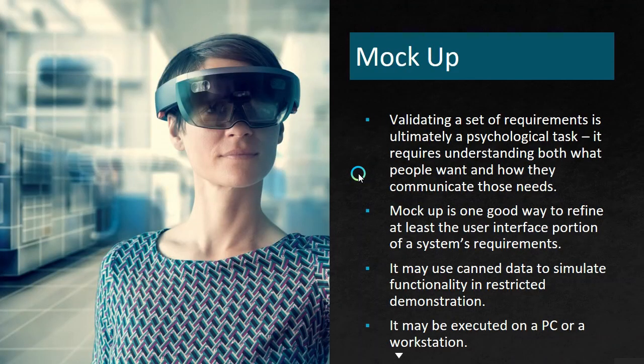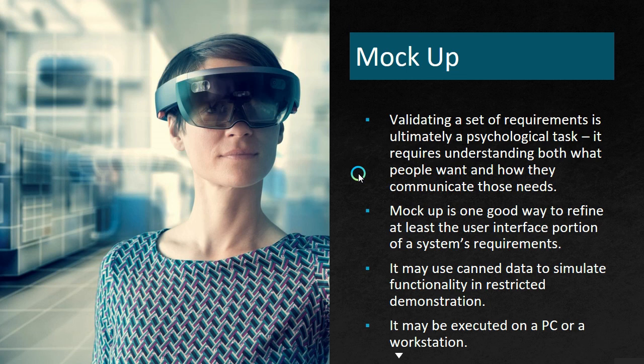Mock-up. Validating a set of requirements is ultimately a psychological task. It requires understanding both what people want and how they communicate those needs. A mockup is one good way to refine at least the user interface portion of a system's requirements.